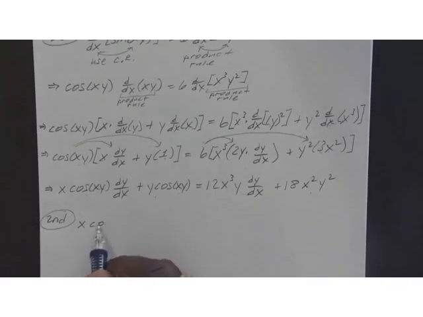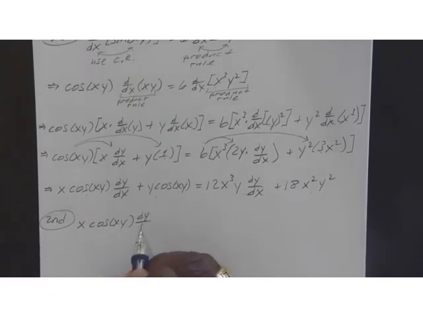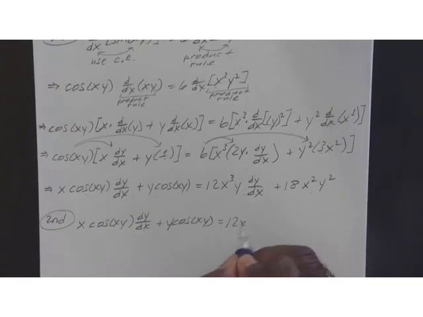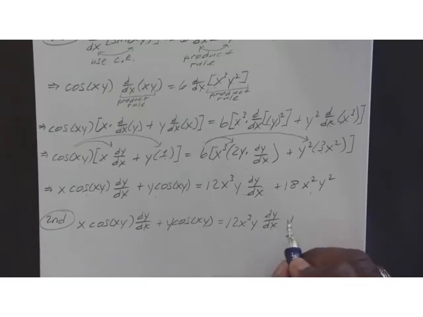So x times cosine of xy times dy dx plus y times cosine of xy is equal to 12x to the third power y dy dx plus 18x squared y squared.